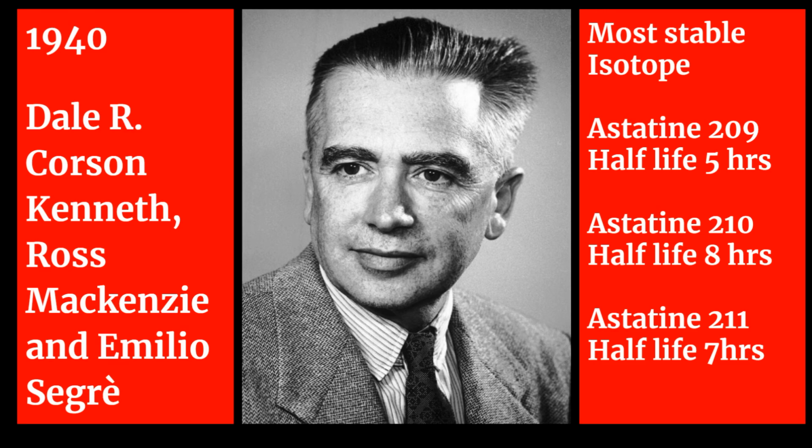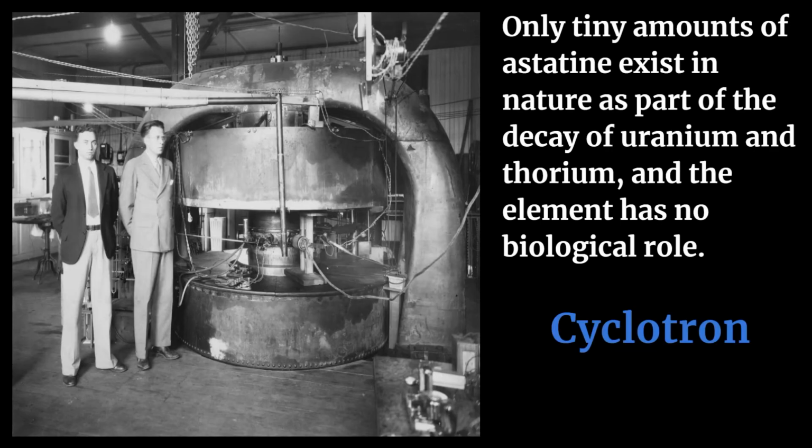Cyclotrons: it was discovered using a cyclotron. As you can see here, two physicists are standing near a cyclotron about 50 or 60 years ago, and he was a famous physicist who won a Nobel Prize in physics.